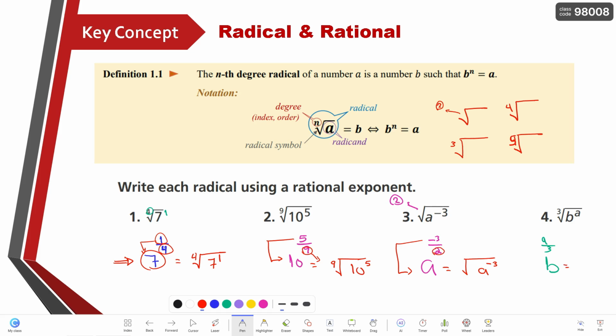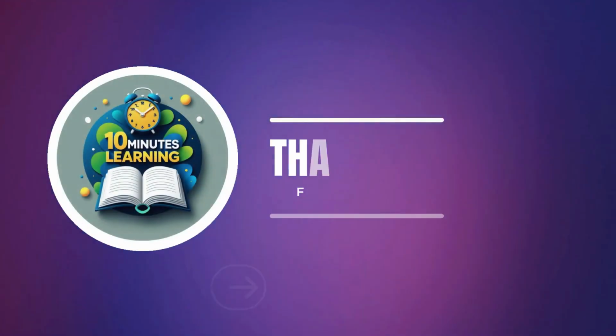Finally, since we wrote b raised to the power of a divided by 3, if we would like to rewrite this as a radical form, I'm going to write the radical form like this, and then write the b below the radical, and then I'm going to say that the numerator would be the power of the base, so this would be a, and the 3 would be the degree of our root, which is 3.